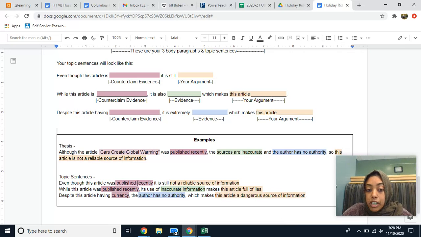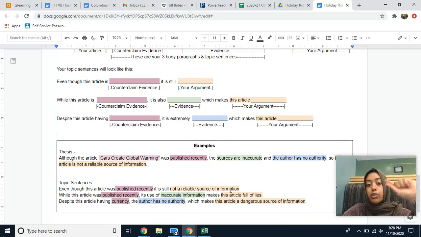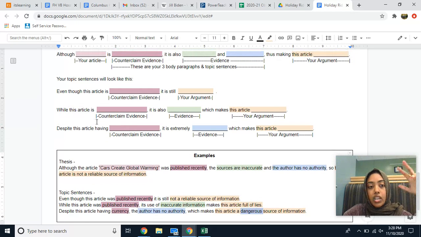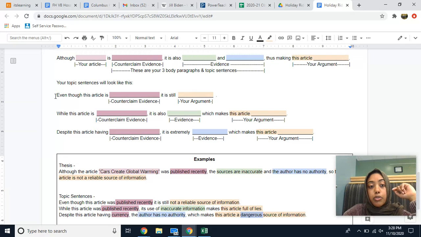And even though it was published recently, it's still not a reliable source of information. Your argument is going to appear over and over and over because this entire paper is all about your argument that this article is full of lies or a dangerous source of information or the opposite. So you will start off with a topic sentence that looks at your counterclaim evidence and says, even though this is true, this is still the case.